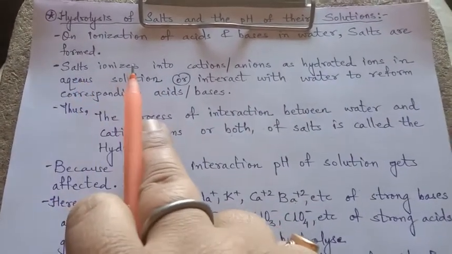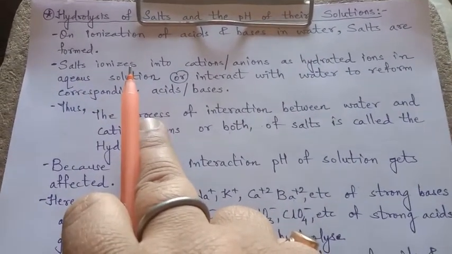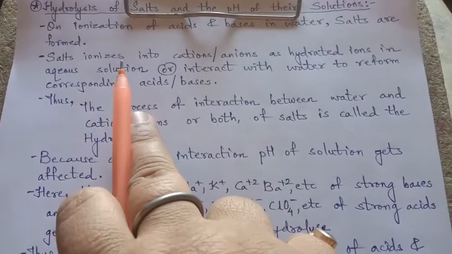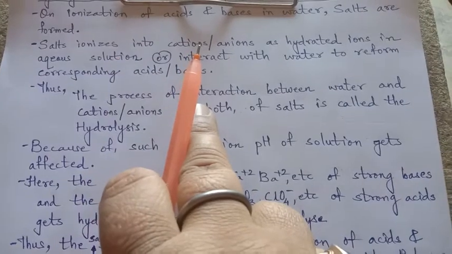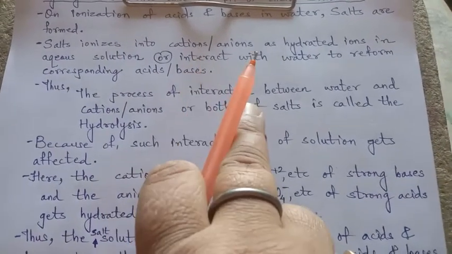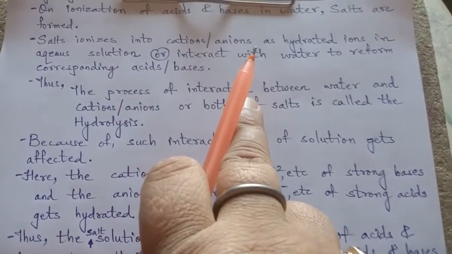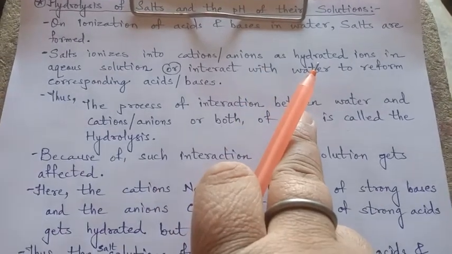How does salt ionize? NaCl is a salt. Now when it is in aqueous medium, it separates into cation Na plus and anion Cl minus. We can say that these are the hydrated ions.